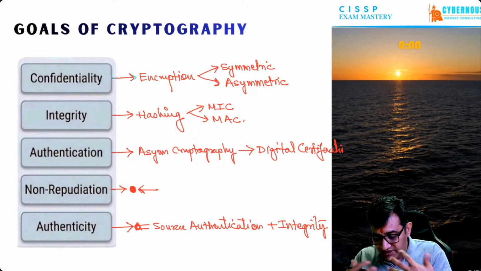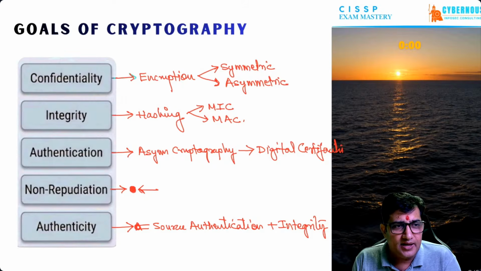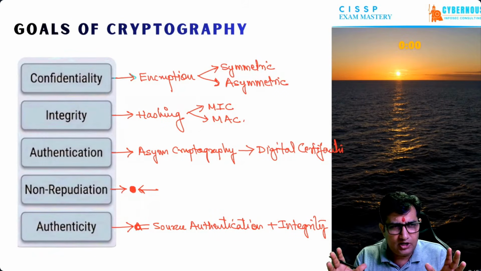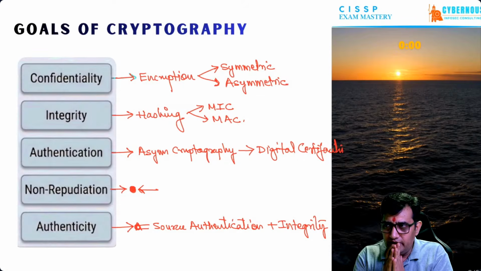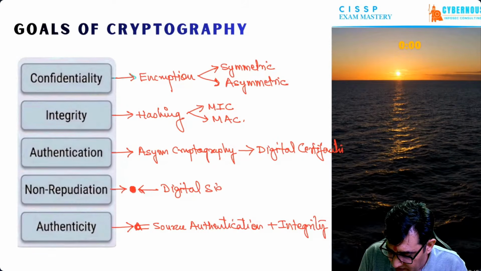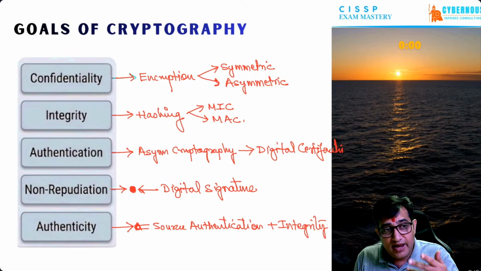So for non-repudiation, in the entire set of cryptography solutions we have, only one solution can give you perfect non-repudiation, and that is the digital signature. And for a digital signature, you must have an asymmetric algorithm.